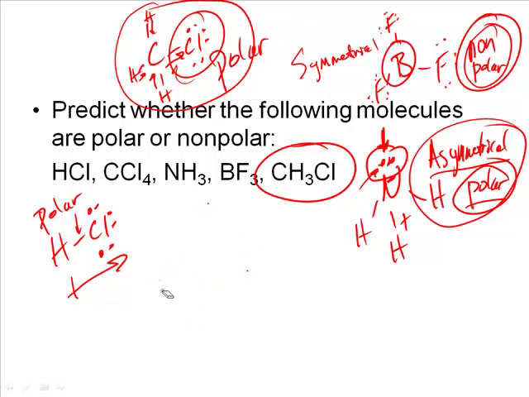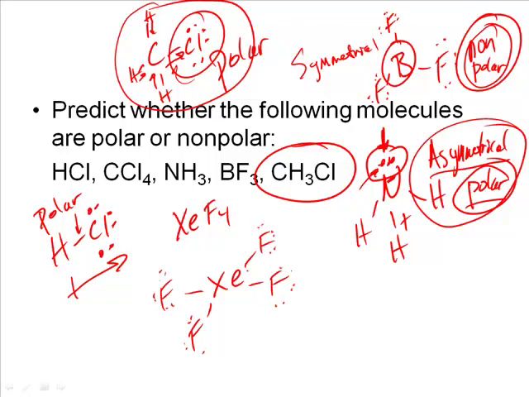Okay, if we look at something like XeF4. XeF4 has 4 bonding pairs. And it's got 36 electrons all total, so I've got 4 left over. So 1, 2, 3, 4. Okay, this is a square planar shape.